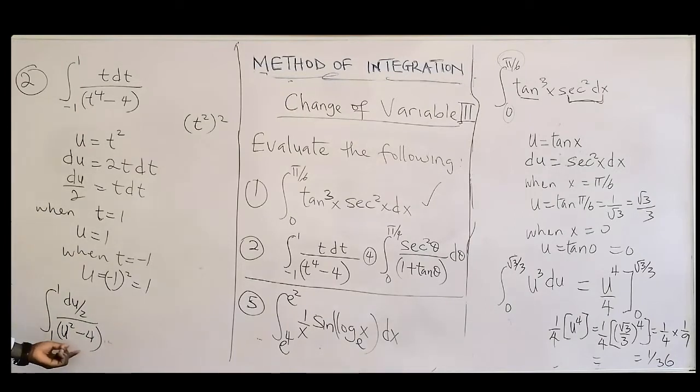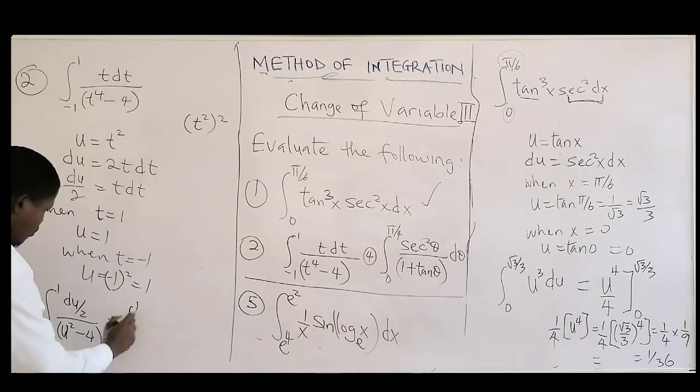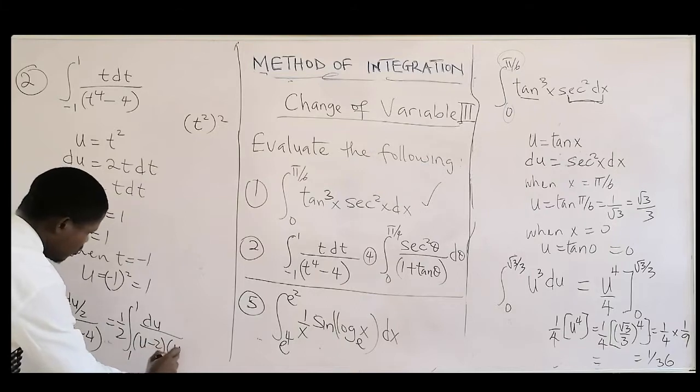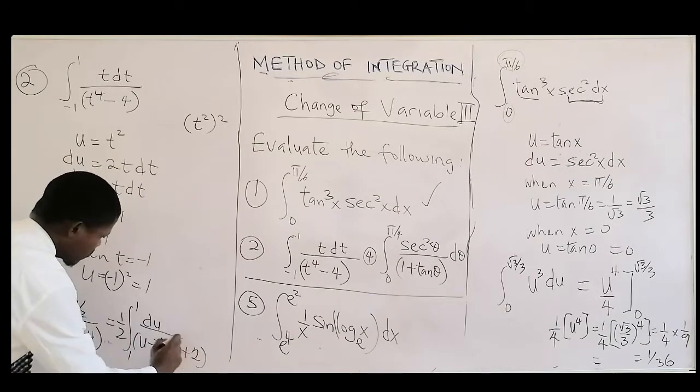And u squared minus 4 can be turned into u squared minus 2 squared, the difference of two squares, which can be turned into linear factors. So we take 1 over 2 outside, du over u minus 2 times u plus 2.